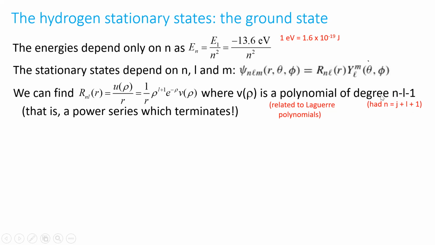So the polynomial v has degree n minus L minus 1. That means that the v function, and therefore the R function, depends on L as well as on n, because the polynomial's degree depends on both of those. So that's why we index the R by n and L.